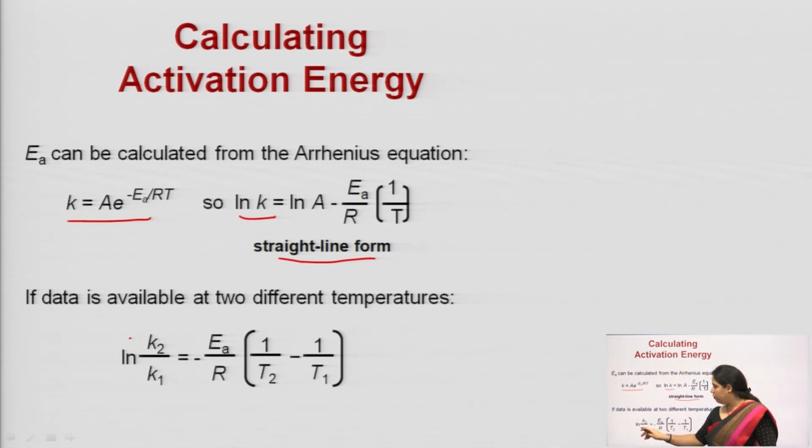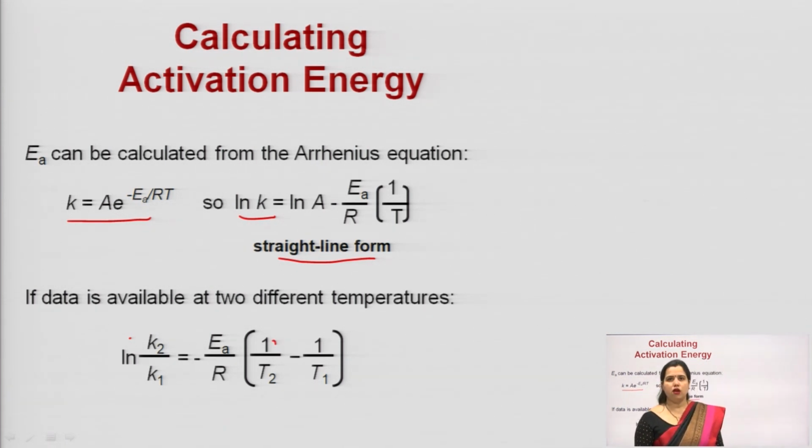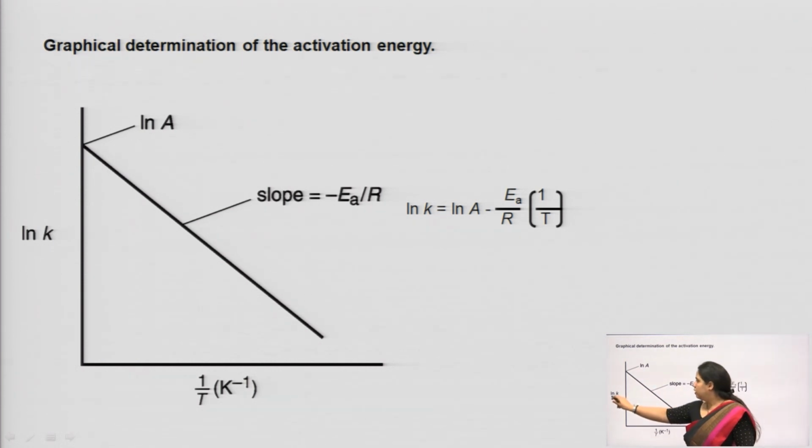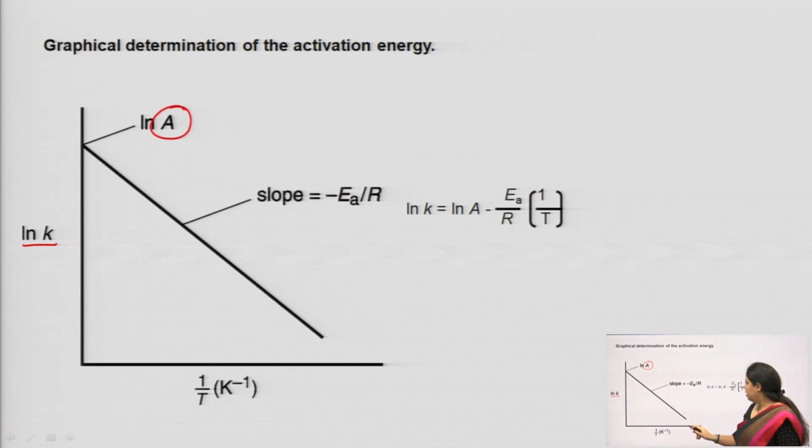In the integrated form, two temperatures or two constants will be there. So, E A will involve 1 divided by T 2 minus 1 by T 1. This is how we represent activation energy at two different temperature values. Graphical determination of activation energy: ln K, the rate constant, against 1 by T, and this is basically the slope.